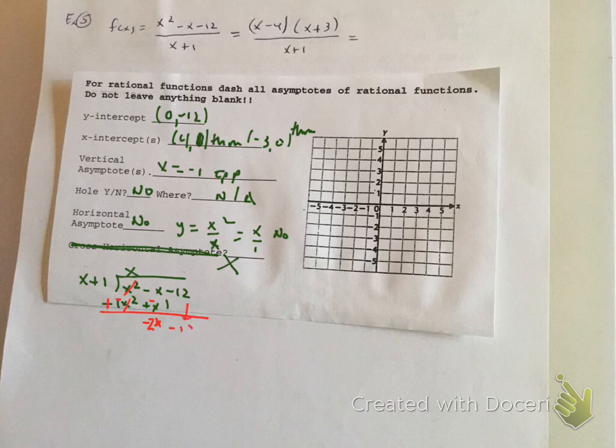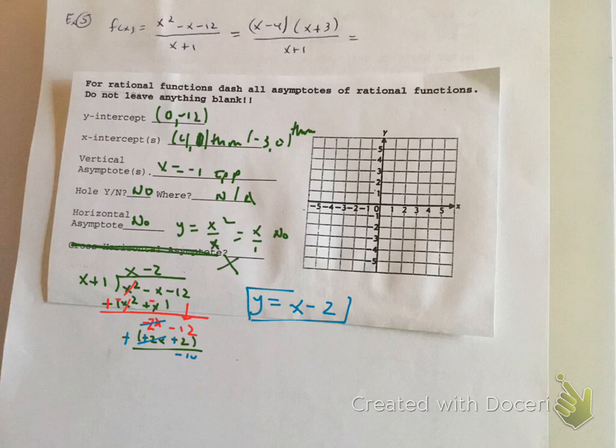I bring the -12 down and I do the same thing we just did. x goes into -2x -2 times, so I get -2x minus 2. I have to subtract. So different color, change this to plus the opposite. These add out, and this gives me a remainder of negative 10. So my oblique asymptote is y equals x minus 2.